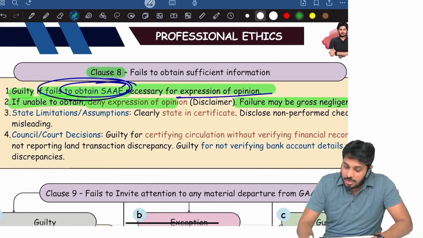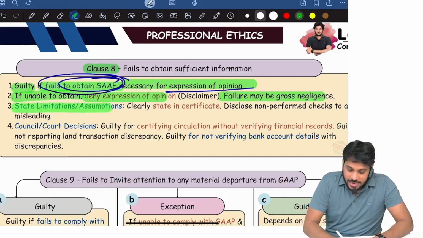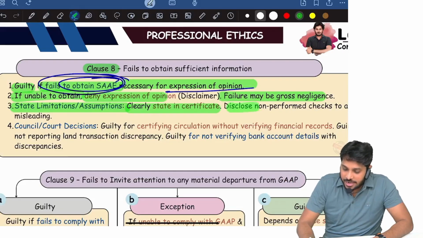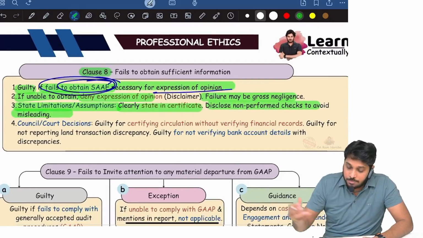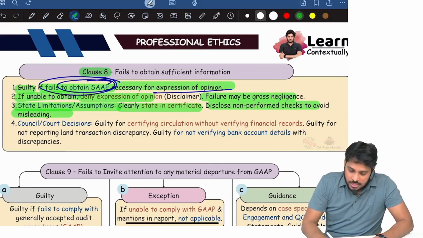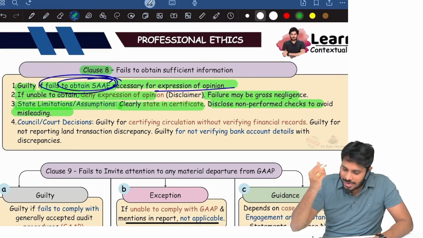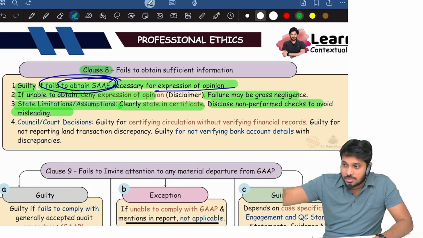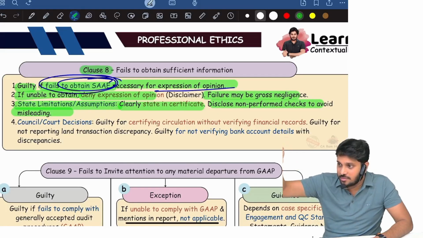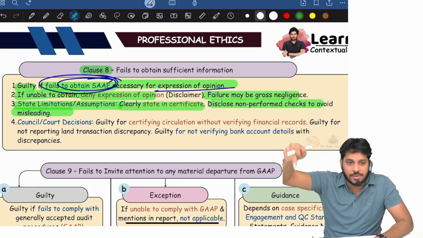Failure to deny the opinion will amount to gross negligence. State limitations clearly in the certificate. Disclose whatever checks were not performed, what activities you didn't check. Here there is one circular guideline: newspaper figures, some CA firm certified the circulation figures without verifying their accuracy. Okay, the CA is held to be guilty.